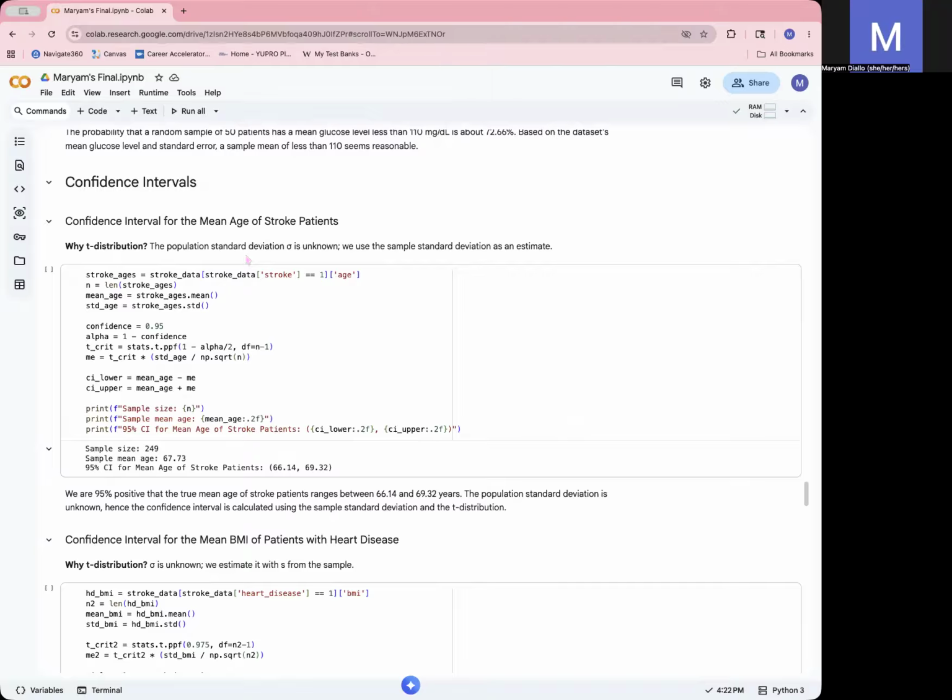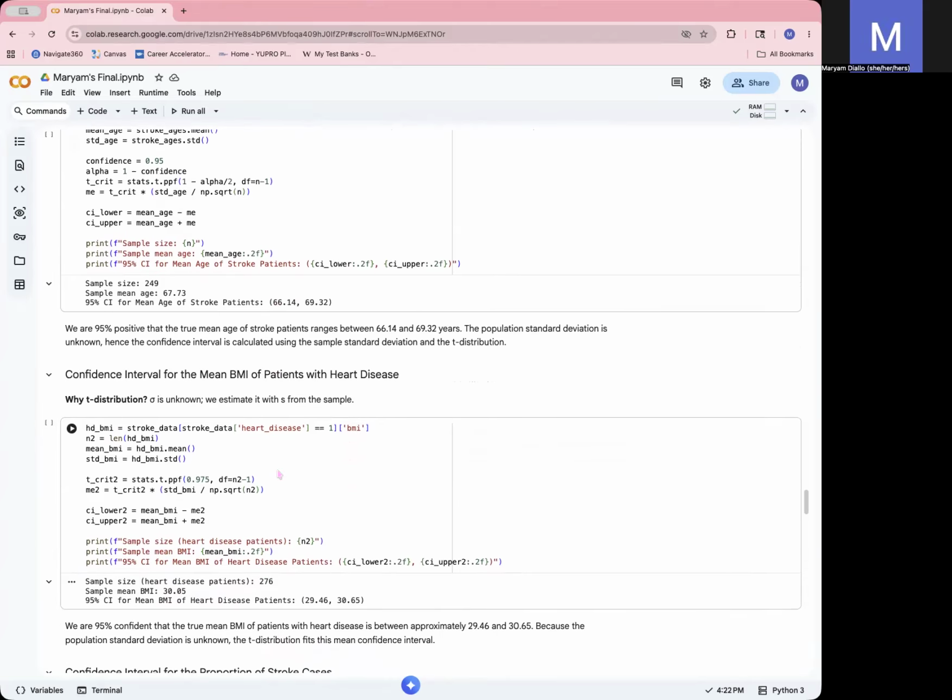I wanted to calculate the confidence interval for the mean age of stroke victims, and the result was about 66.14 to 69.32 years. So we are 95% confident that the true mean age of stroke patients falls somewhere between 66 and 69.